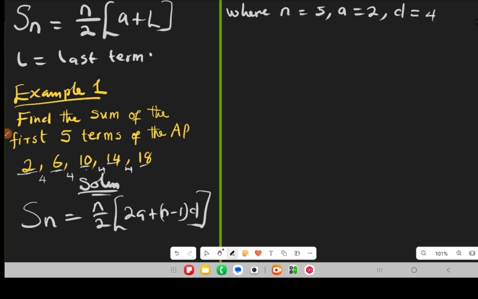What we do, we substitute 5, 2, 4 in place of n, a, and d, respectively, into the formula. That is S5 equals 5 over 2 times (2 times a, which is 2, plus (5 minus 1) times d, which is 4).